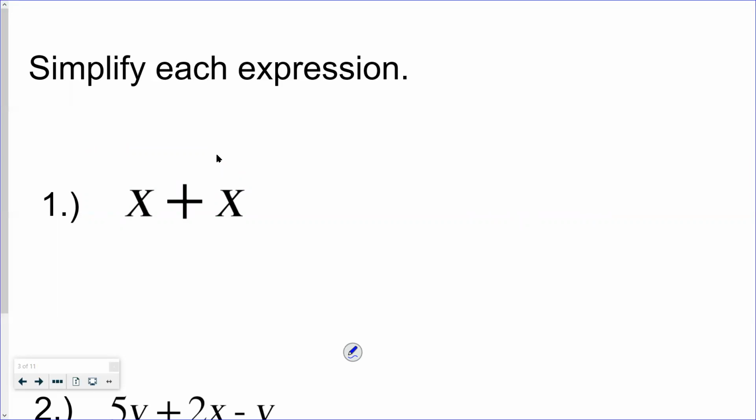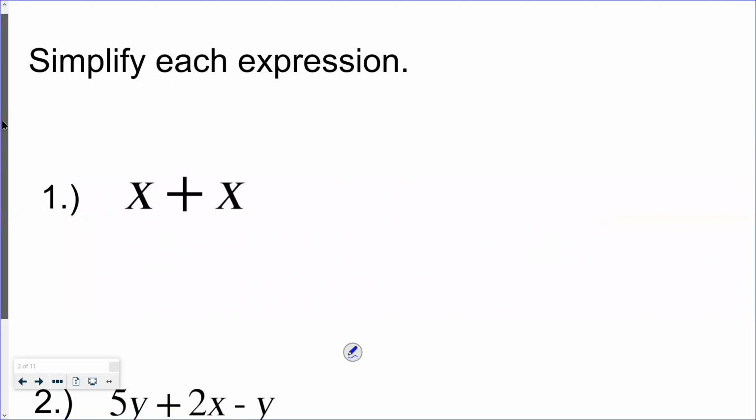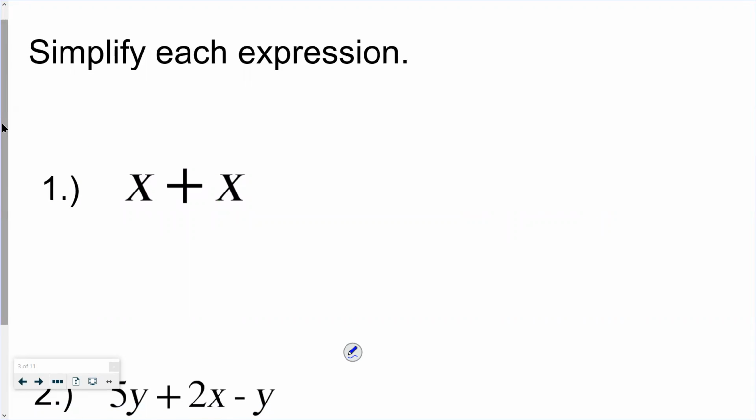All right, so let's look at some examples. So we want to simplify each expression. So the first one we have is x plus x. Well, because these are like terms, they both have an x, we can combine them together. So x plus x is going to be 2x.